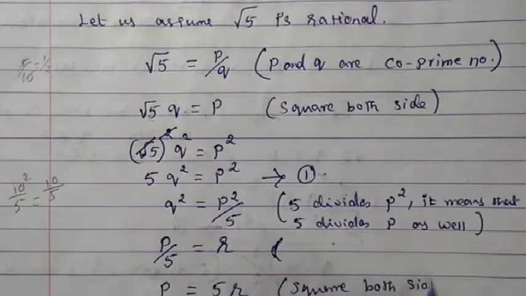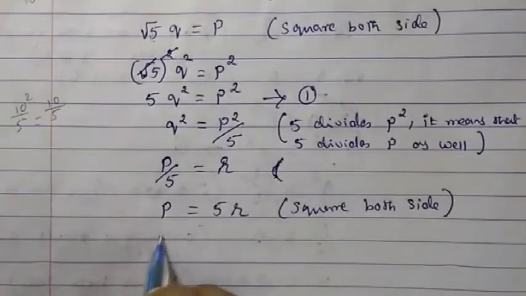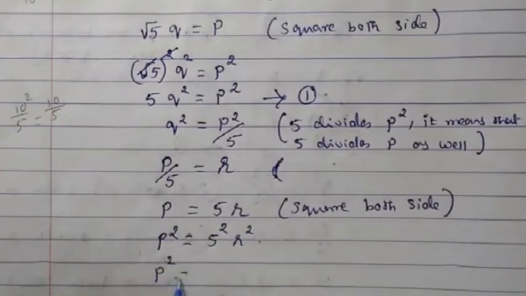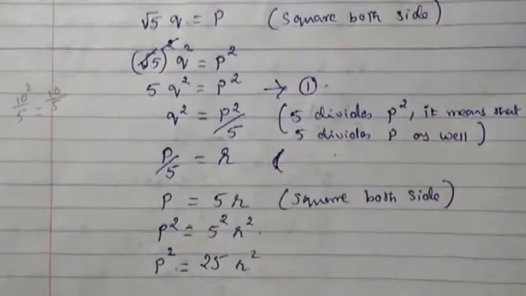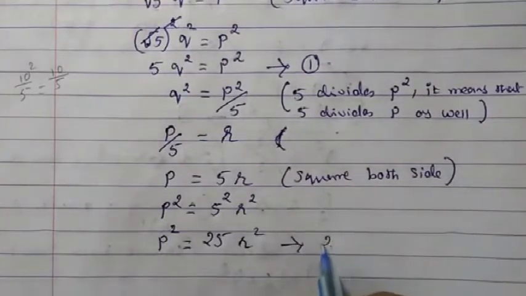Square both sides. So then we will get p square, 5 square and r square. So then p square, 5 square will be 25, then r square. Now, this we consider as equation 2.